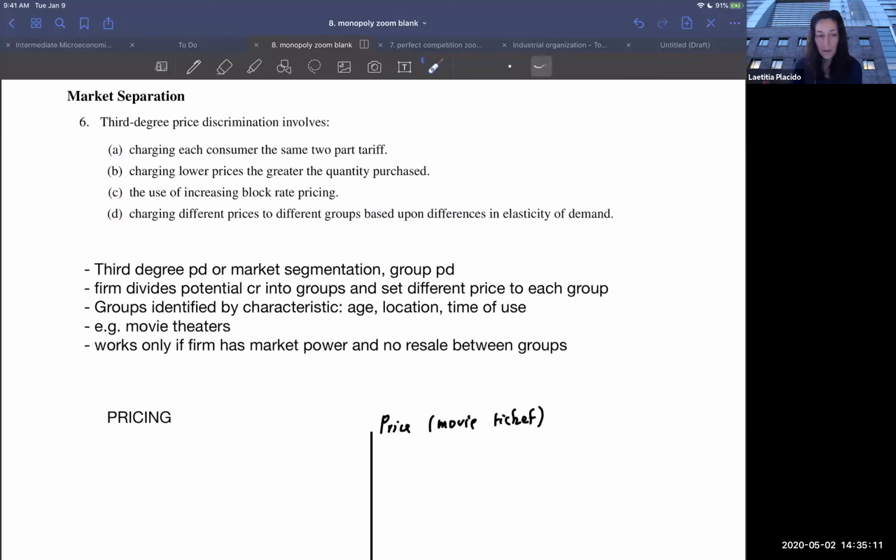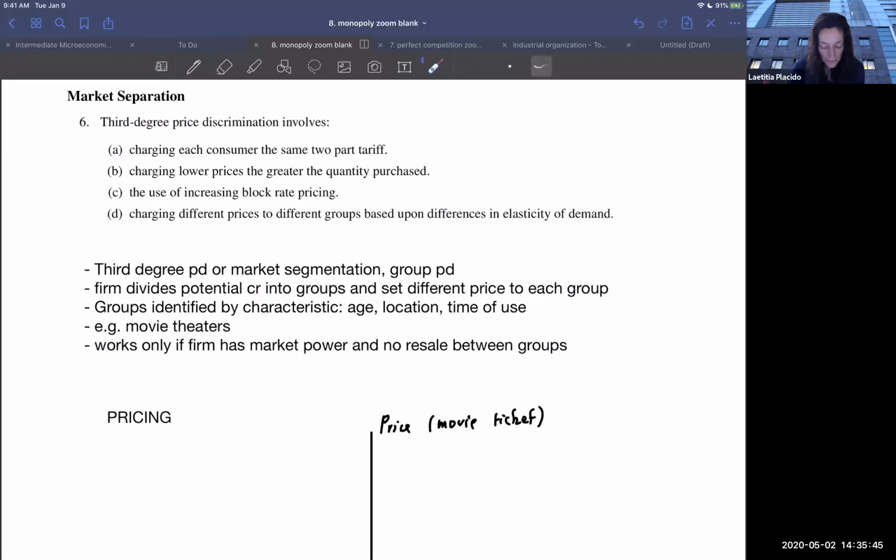So one important thing of group discrimination is that the firm has somehow the ability to prevent resale between groups. And one way to do that is to ask for proof when you go to the movie theater. And if you buy a senior ticket, then you will have to show your ID proving that you are actually a senior.